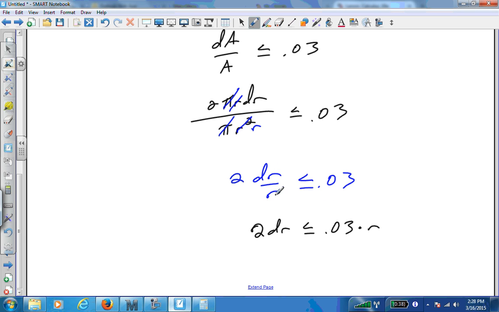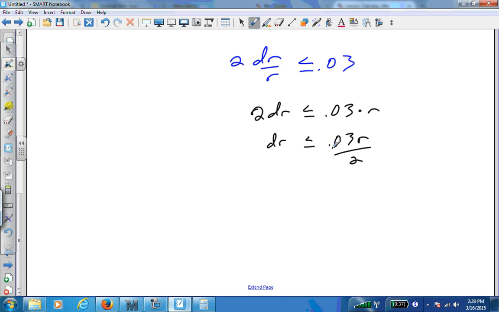To get dr by itself, divide both sides by 2. So the maximum allowable error in the radius for producing these mufflers will be 0.03 times the radius divided by 2.